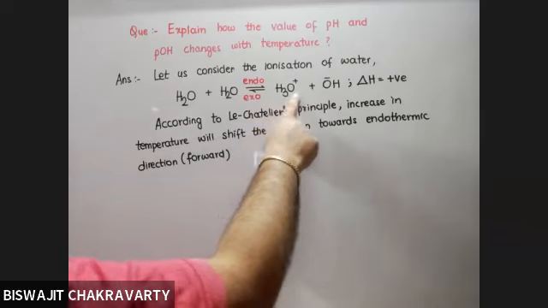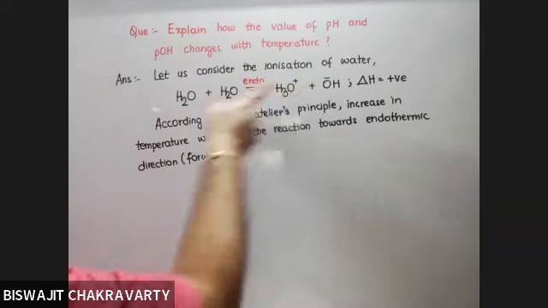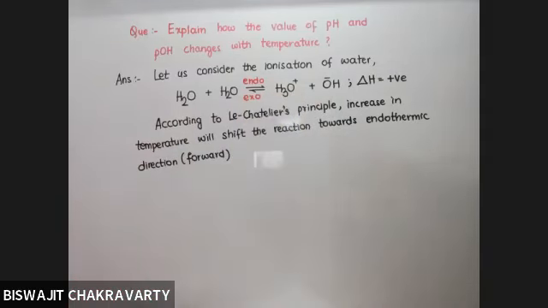H3O plus will increase and OH minus will increase in the forward direction. Yes or no? Yes, sir. So if both are increasing, that means pH and pOH both will decrease or not? Yes, sir. And if both decrease, then obviously the addition of pH plus pOH will not be 14.